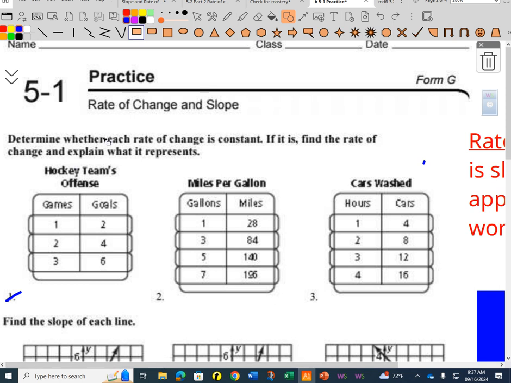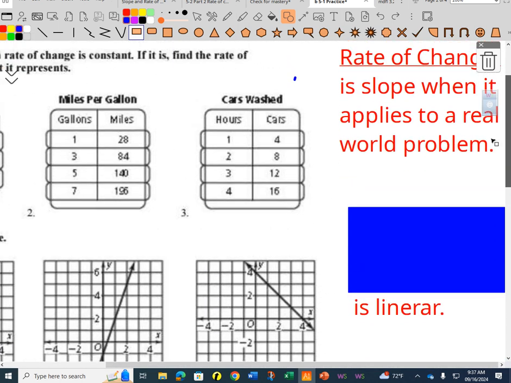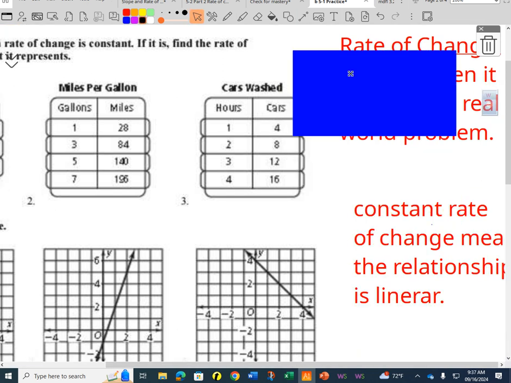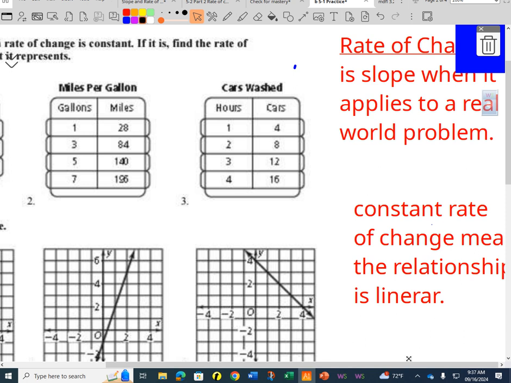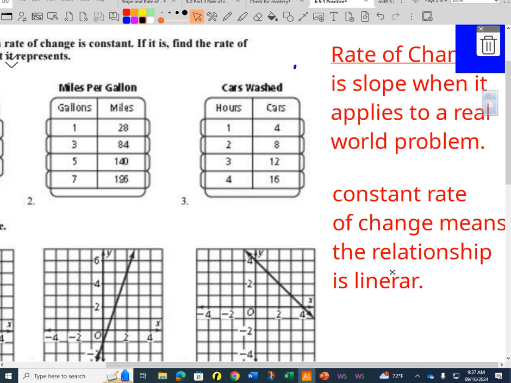All right. So the first of the directions says determine whether each rate of change is constant. If it is, find the rate of change and explain what it represents. So here, constant rate of change means the relationship is linear.